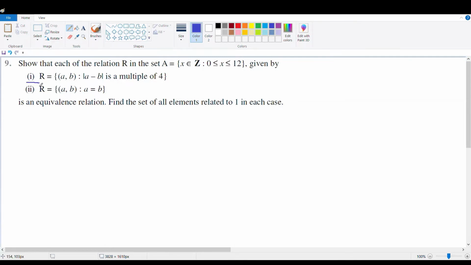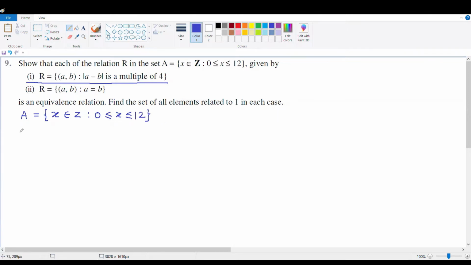So let's do this relation first. What are you given? Your set A is every integer from 0 to 12, including 0 and 12. So let me just rewrite that: A is the set of integers from 0 to 12, including 0 and 12.